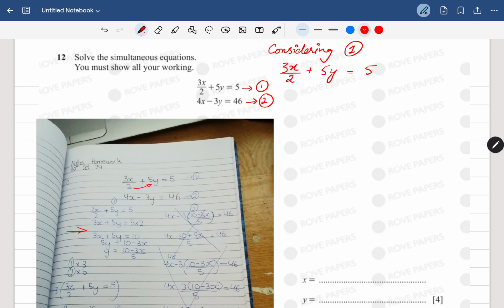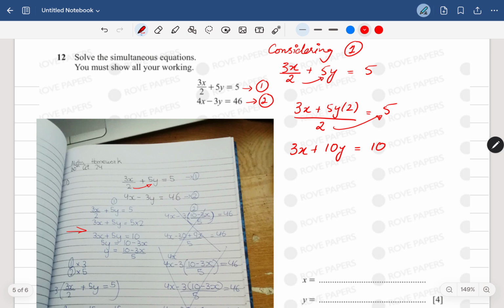So what do you have to do? You have to first make a common denominator. And how do we do that? It is 3x plus 5y multiplied by 2, then divided by 2, and equals 5, which will further be multiplied here. So it's 3x plus 10y equals 10.